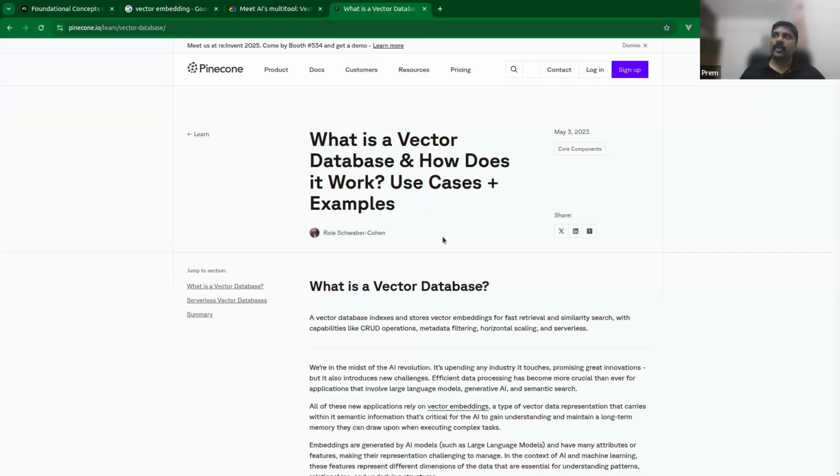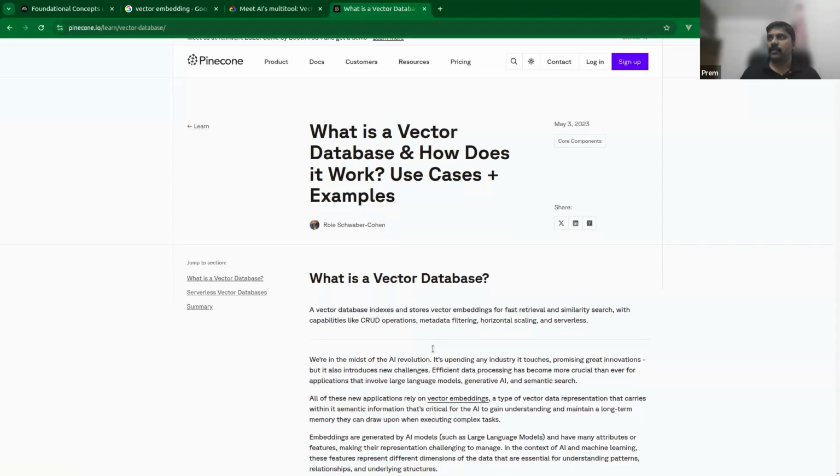It's ready to use. You don't have to spend time developing, building, and managing your database, worrying about it, writing queries, and so on. It is like a product that is available. You can just plug and play. Once you create your embeddings, you can store the information in a vector database.